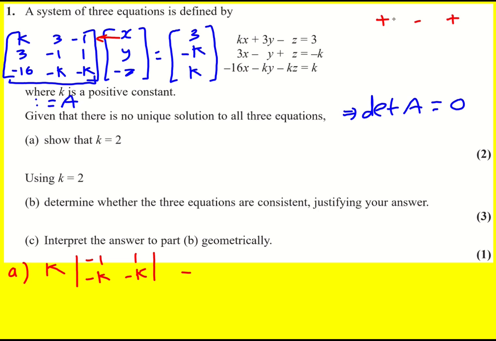It's minus 1 to the power of an even power, then an odd power, then an even power, when I'm doing the row plus the column. So I'll get minus 3 times the determinant 3, 1, minus 16, minus k. And then plus minus 1, so that stays as minus 1, and I'm left with 3, minus 1, minus 16, minus k.